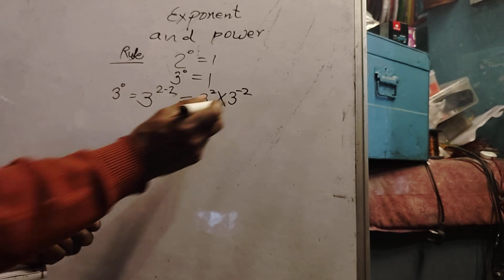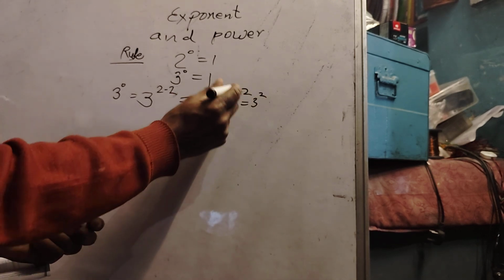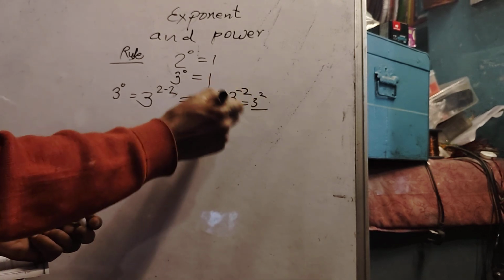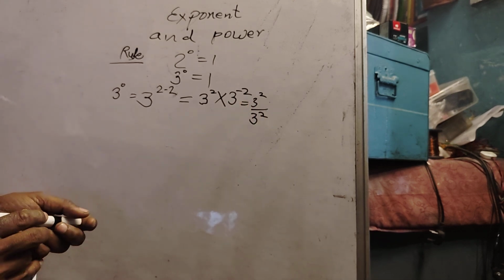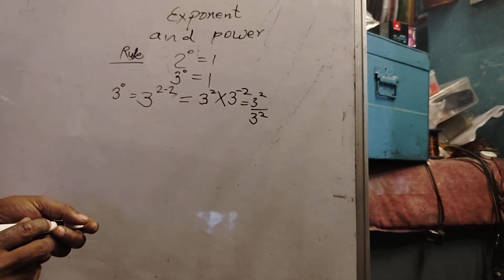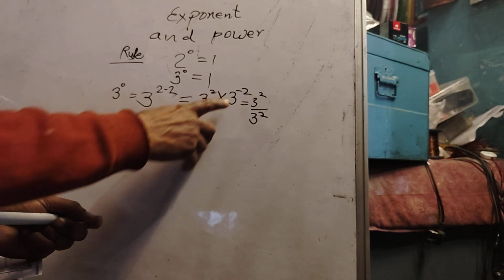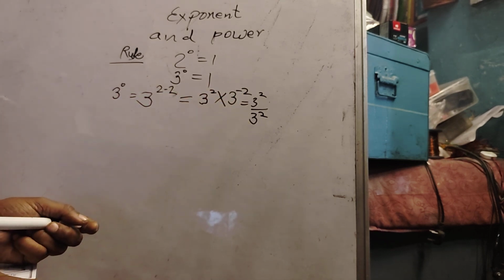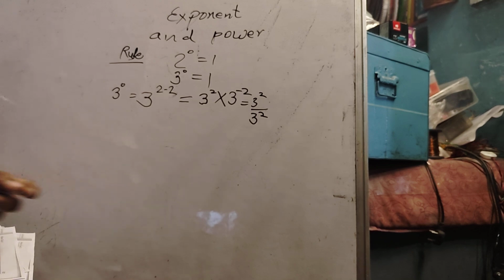To find the value of 3 power 0, now what I am doing next, this 3 raised to the power minus 2, I switch into the denominator, it becomes 3 power plus 2. I switch this 3 power negative 2 into the denominator, it becomes 3 power positive 2.